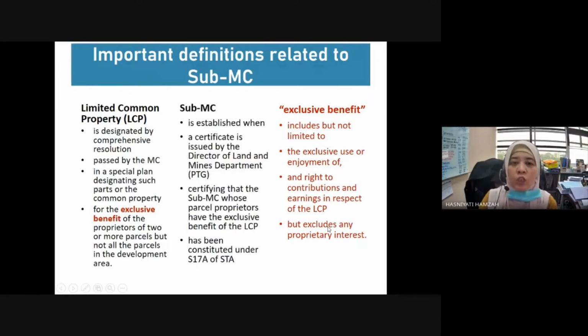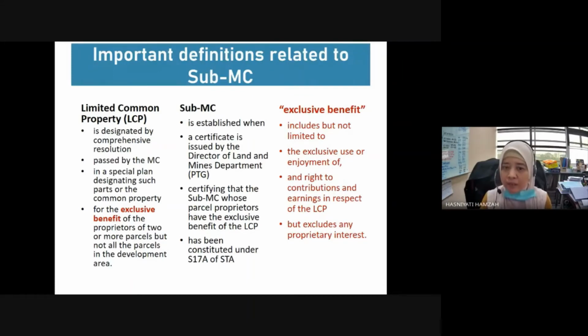Now the third definition, sub-MC. Sub-MC is the child of the MC. You must have the MC first, then only can you create the sub-MC. Sub-MC is created, its date of birth is when a certificate is issued by the director of PTG, Lands and Mines. What is in the certificate?